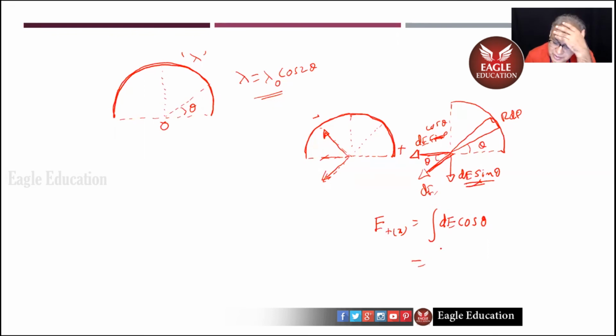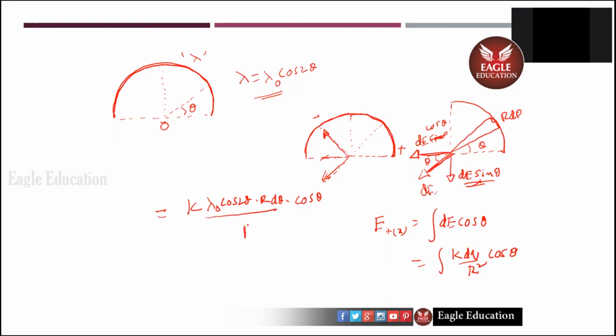Now tell me, dE will be what? K dq by r square cos theta. So it will be K dq is lambda naught R d theta, then cos theta by R square.